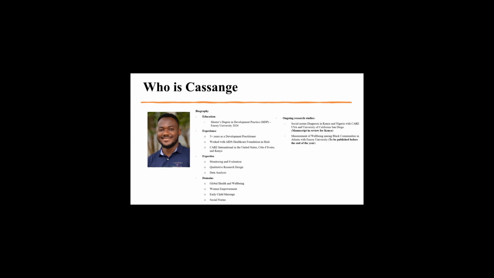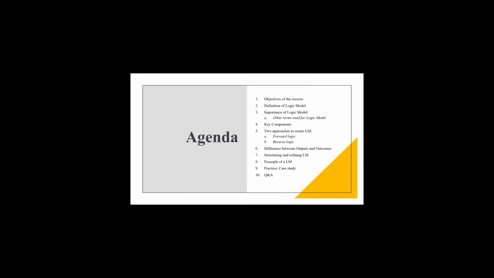And today for this training, I have an agenda which is pretty short. The first thing we're going to dive into is the objective of the training. And to kick it off, we're going to define what the logic model is, its importance, including other terms used to refer to a logic model within different organizations.